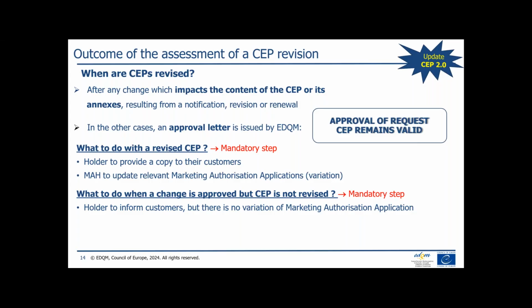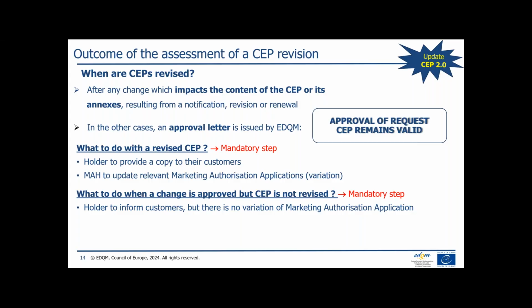You can also check what is happening with all SEPs on our website, which has a certification database where you can see which SEP is valid, which SEP is withdrawn, so not valid anymore. All this is publicly available information.